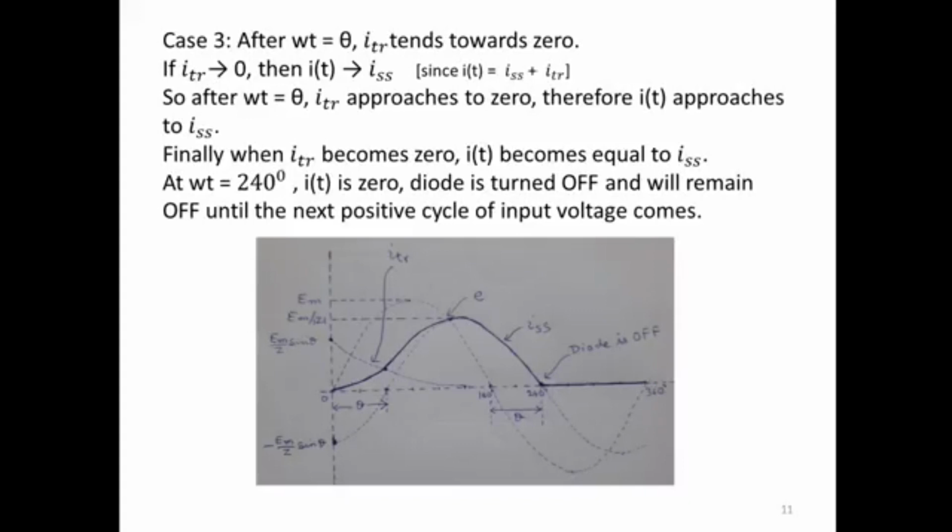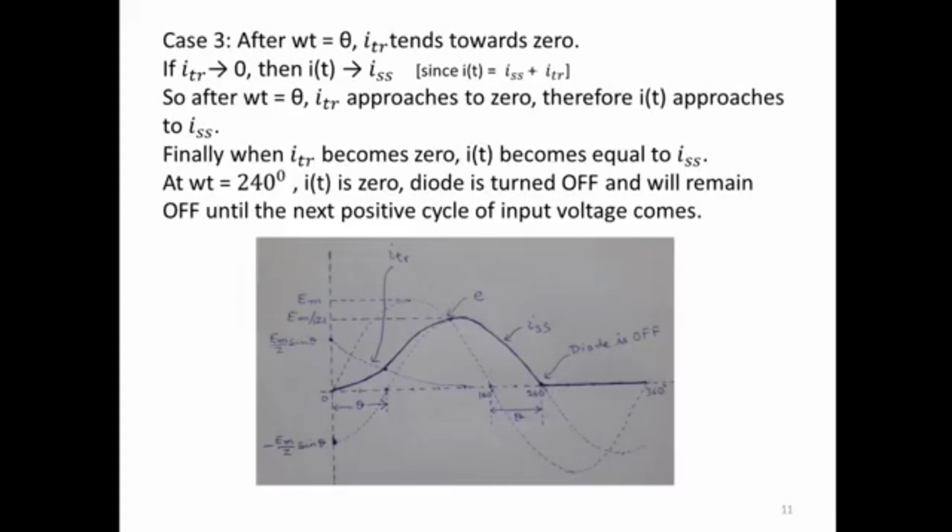Now the third case: what will happen after omega t equal to theta? As you can observe, after omega t equal to theta, the transient current continuously goes to 0. It tends towards 0. So logically, if transient current approaches 0, the total current will approach steady state. That is what you can see in the figure.